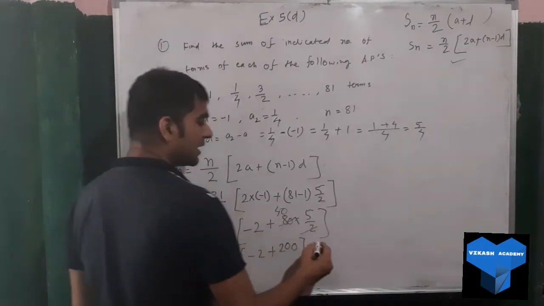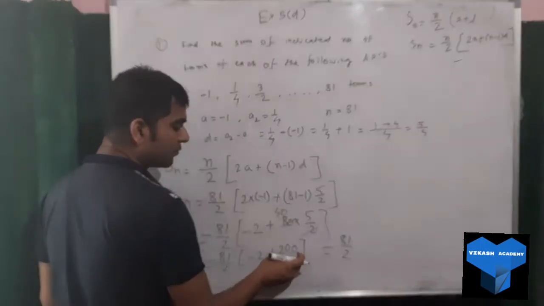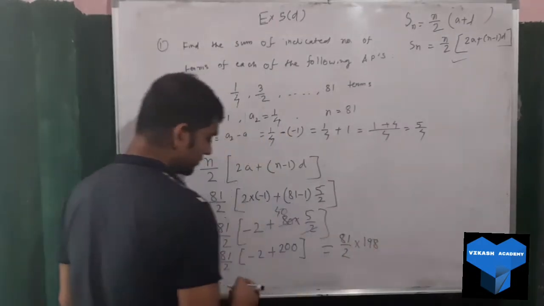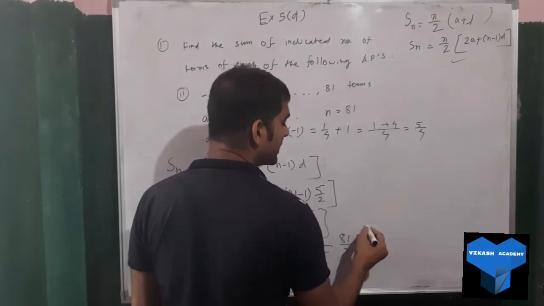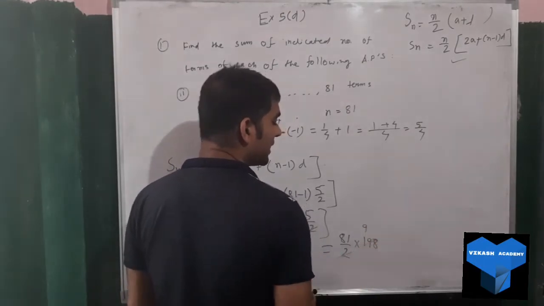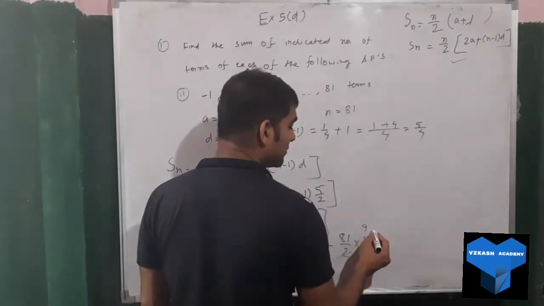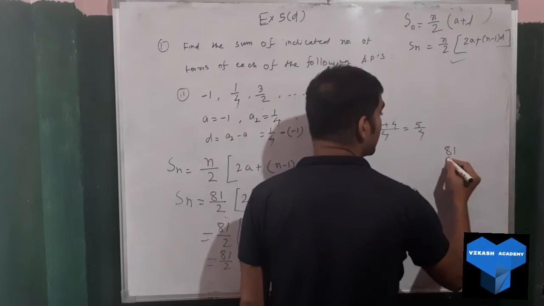Next step, 81 by 2 we write the same. Now 200 minus 2 is 198. Let us cancel 2, so we get 99. So 81 into 99.